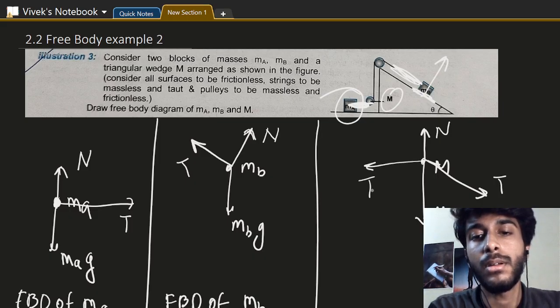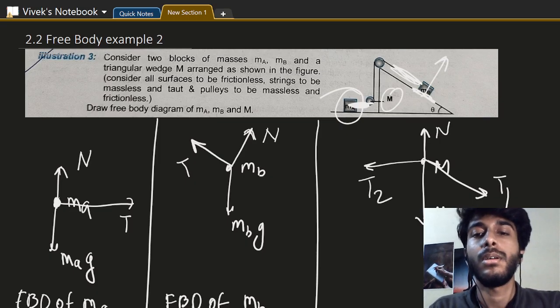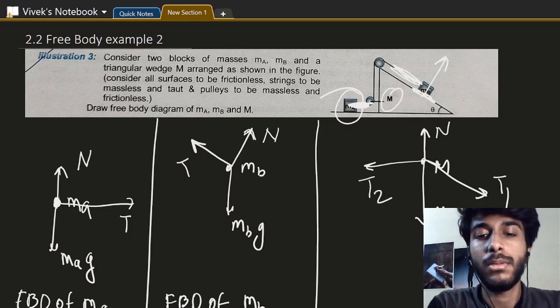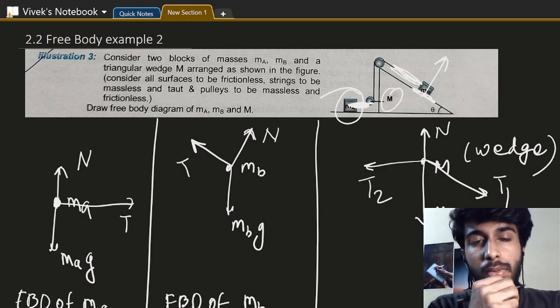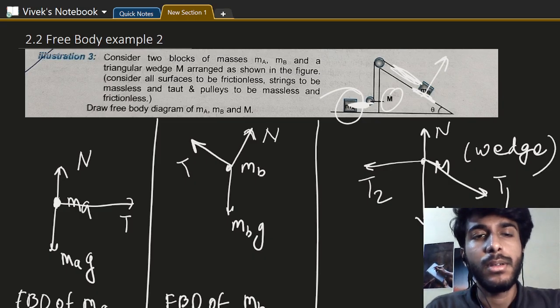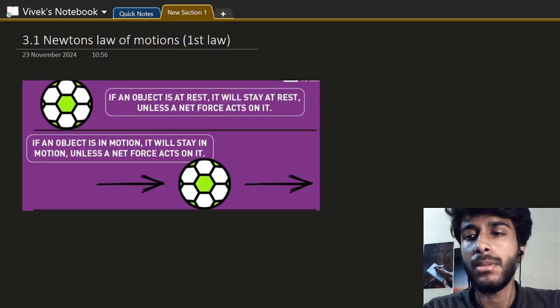So here the tension, let us consider T1, T2. So this was the free body diagram of capital M, that is wedge. So solving this question was also not very hard, no? It is very easy for all the three masses Ma, Mb and capital M. So we have done this question also.